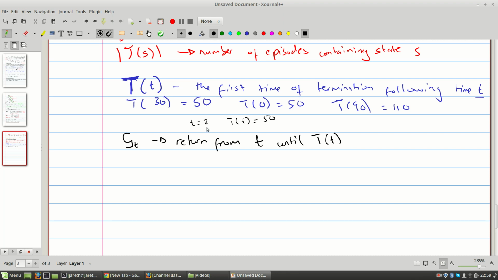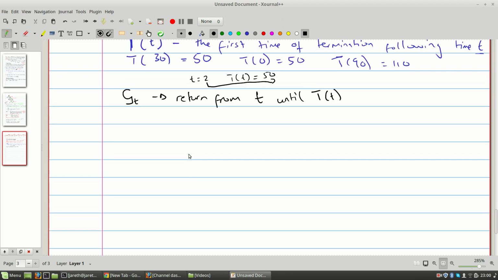So we'll be computing the returns from this time step until this time step. So that's what the return is. It's computed from some time step until the first time of termination following that time step. So this is how we define the return.